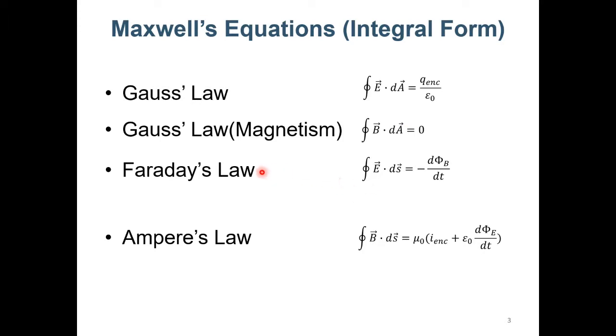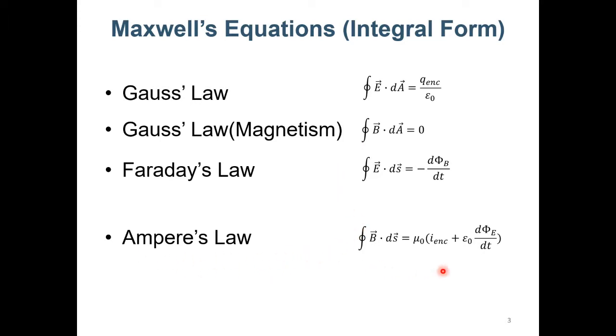And Faraday's law and Ampere's law are another pair of laws. This one tells you that when the magnetic flux is changing, it will induce an EMF, and it can be written as a line integral of the electric field.